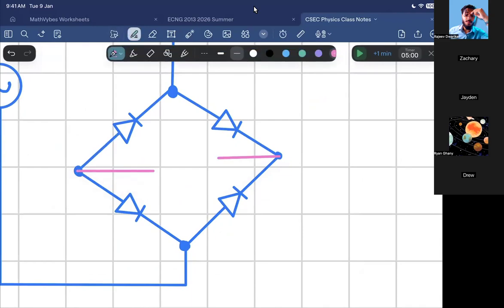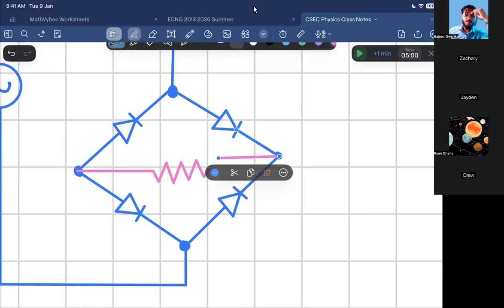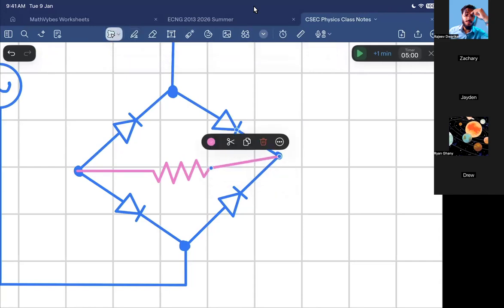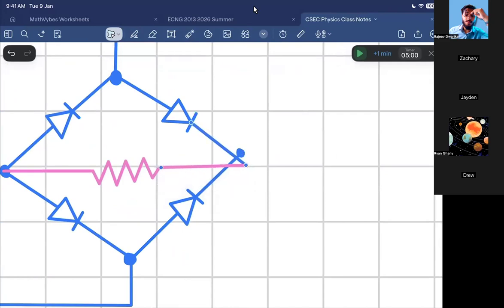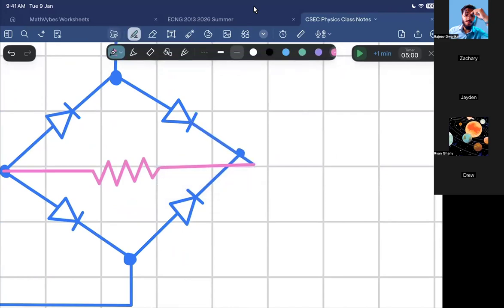In the middle, I'll put a load resistor. The purpose of the load resistor is just to show you, do you know all components have a certain resistance? Yeah, all components have a certain resistance. So I just use a resistor to indicate that it is a resistive load.